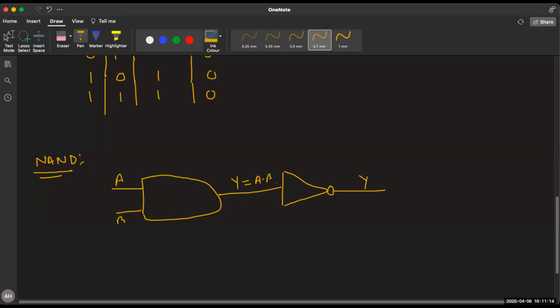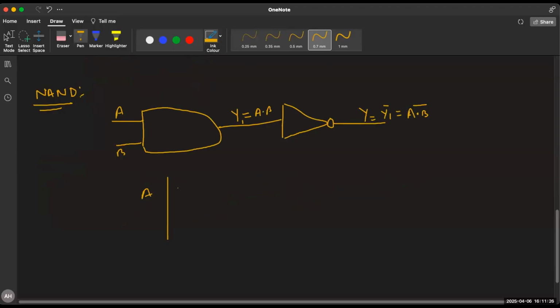So this is Y, which is Y1 bar, which is (A and B) bar. So this is A, this is B, this is Y1, which is A and B, and this is Y, which is (A and B) bar, which is Y1 bar.